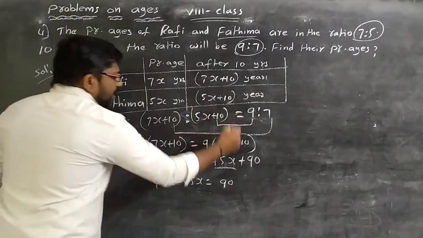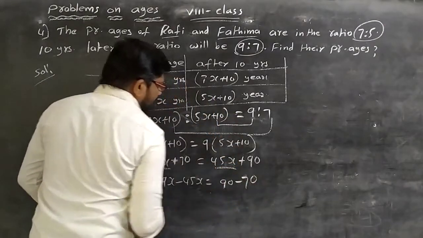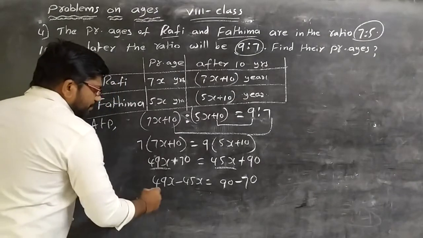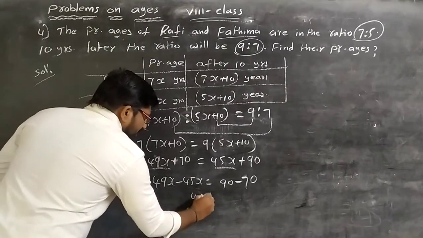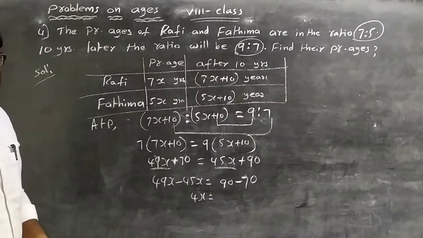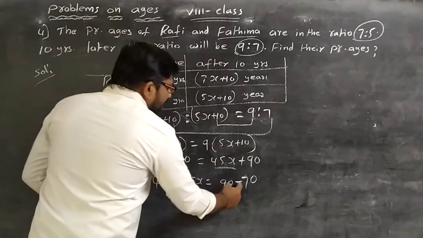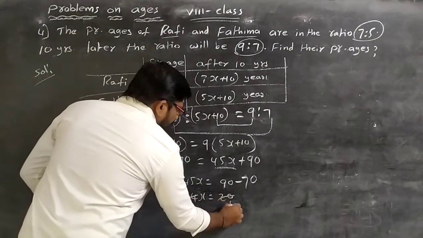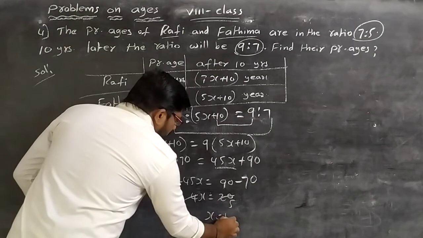Take plus 70 to that side, it becomes minus 70. So 49x minus 45x, 4x, is equal to 90 minus 70, 20. So 4 fives are 20, x equals 5.